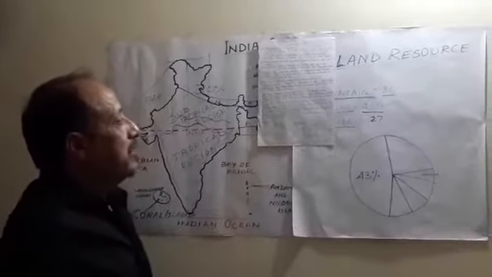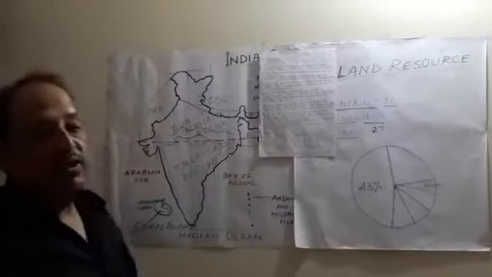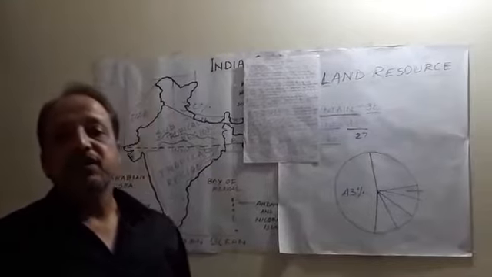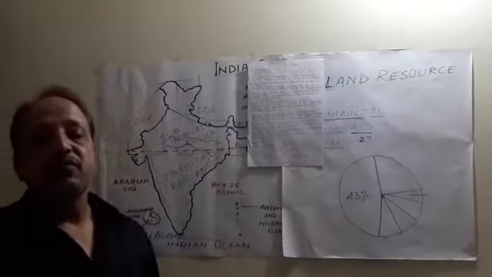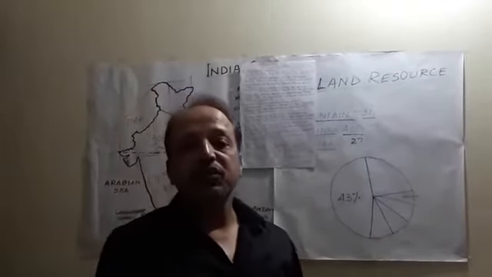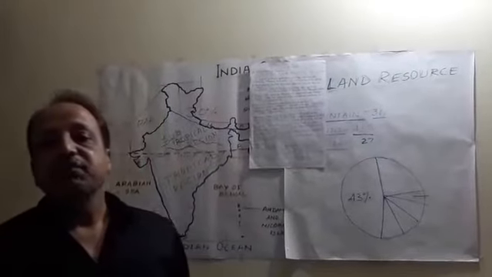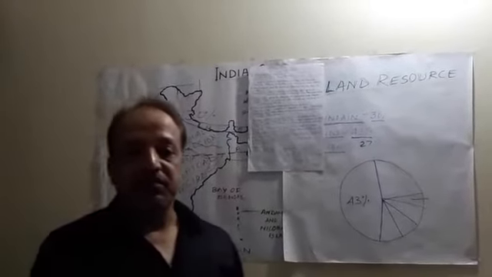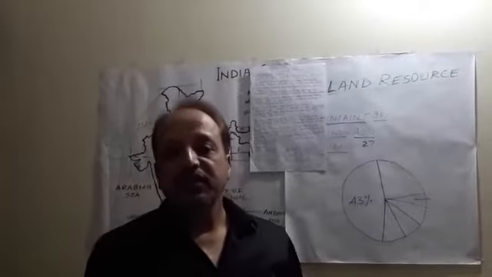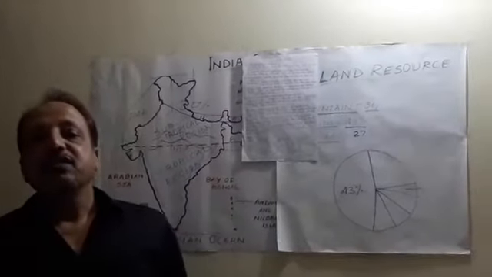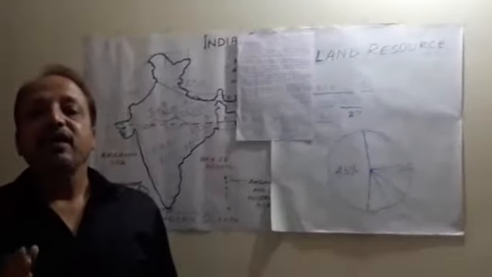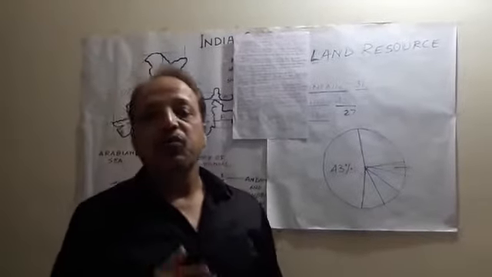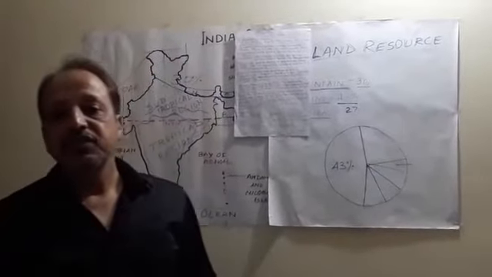We use all this land for various purposes, but as we use it, we are over exploiting, and due to this some of the area is becoming unfit for cultivation or agricultural purposes. This we call land degradation. What are the causes of land degradation?